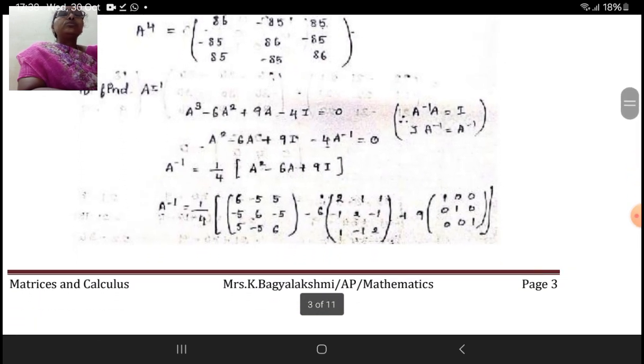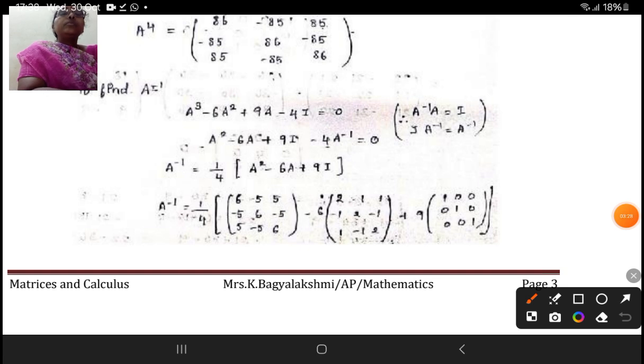Next step is to find the A inverse. There is no inverse term in this equation. So if we want to calculate the inverse term, we multiply by A inverse in this cubic equation. When you multiply by A inverse, one power will decrease.